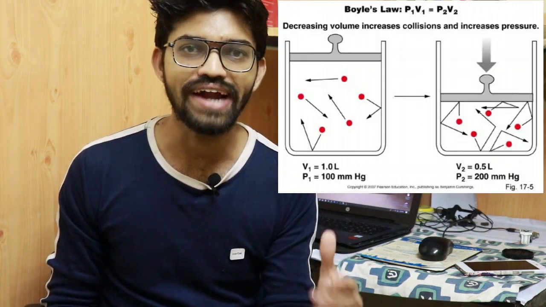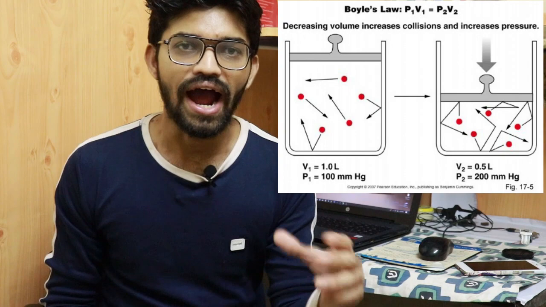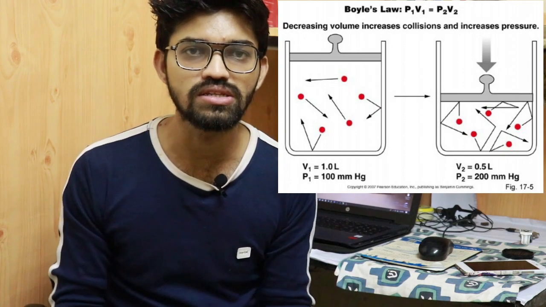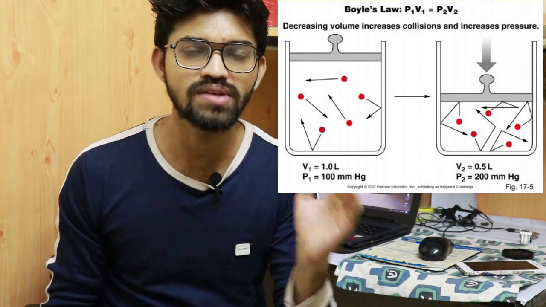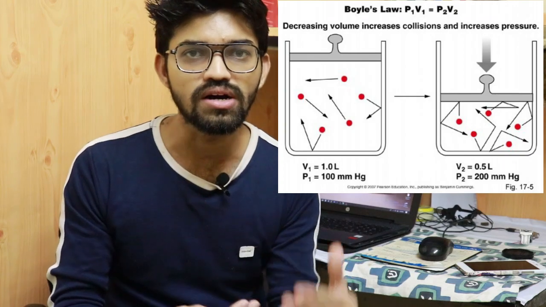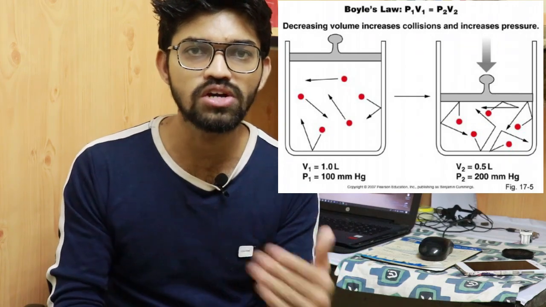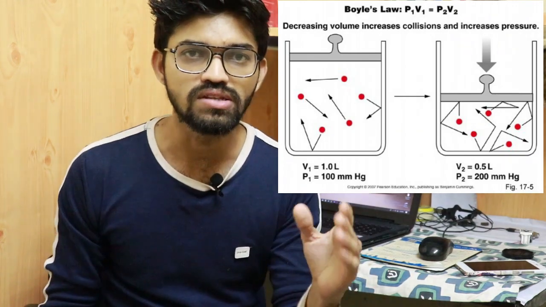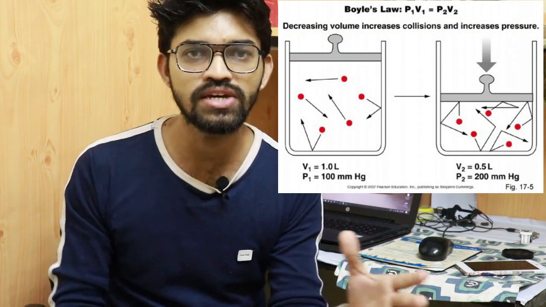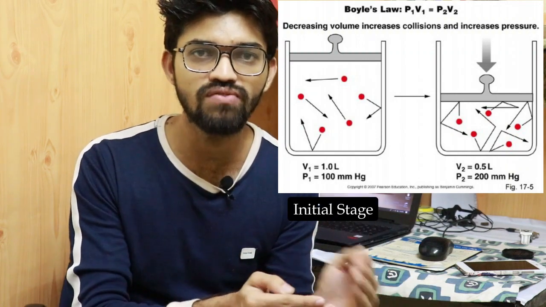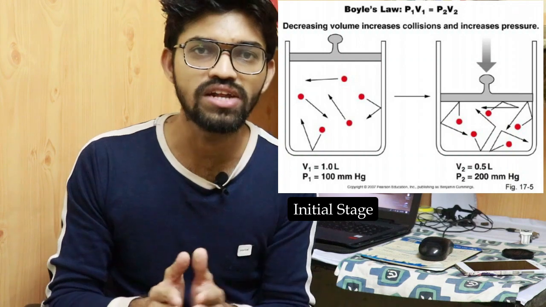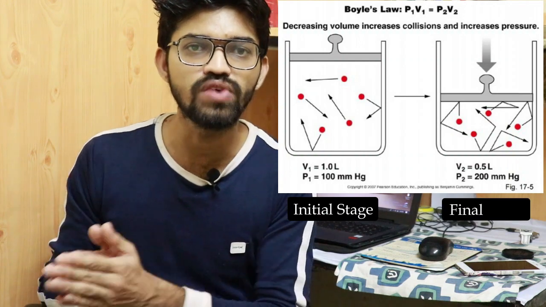So this law is very much essential to find the pressure and volume at different stages. Suppose in a closed system, the initial stage has pressure and volume P1 V1, and at the final stage it has P2 V2.